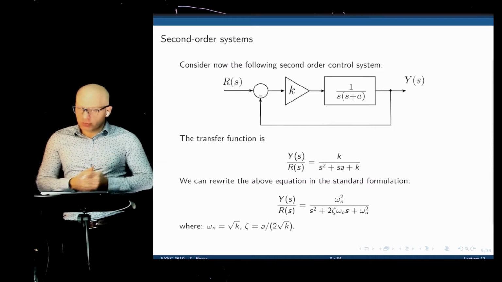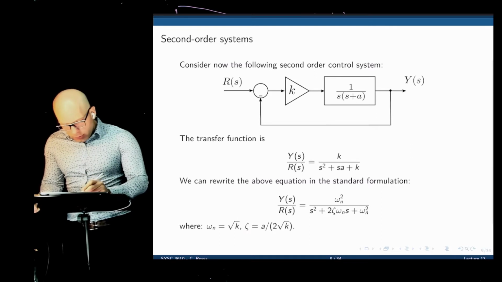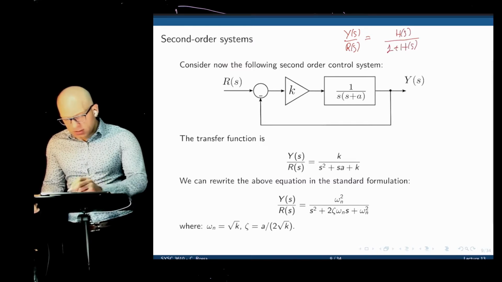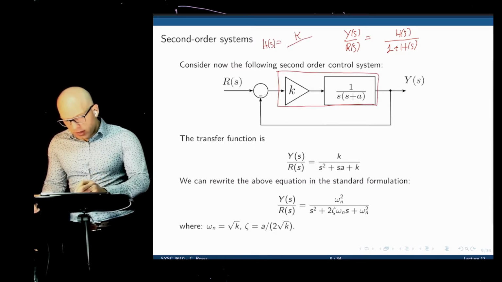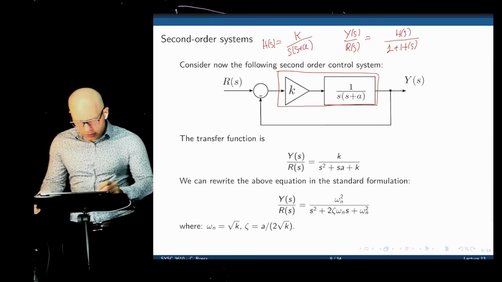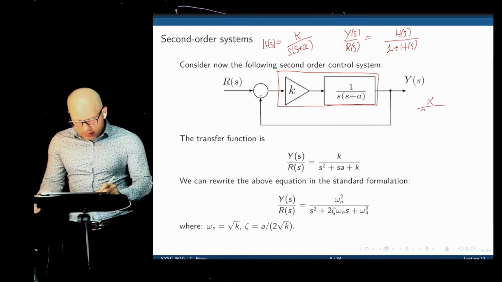If we follow the same procedure that I did to find the transfer function of the previous system, we can find the transfer function for this one. How would we write that? It would be Y over R equals H of s divided by 1 plus H of s. And what is H of s? H of s is this entire line function here, K over s(s plus a). We can do it quickly here: K over s(s plus a) divided by 1 plus K over s(s plus a).